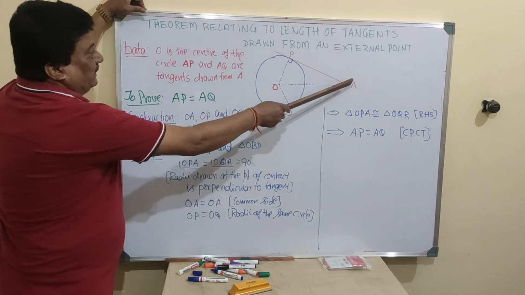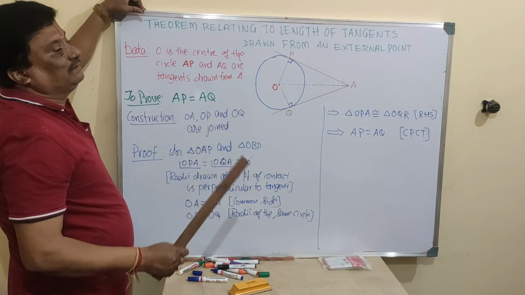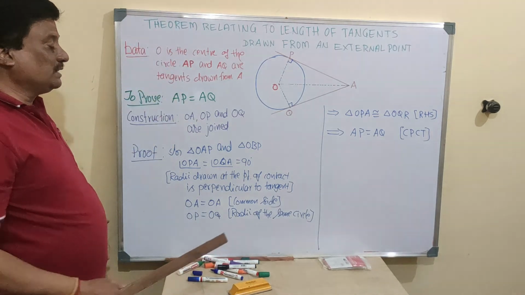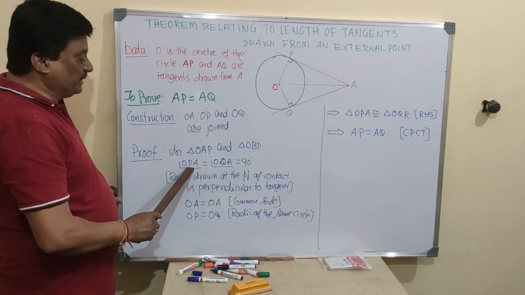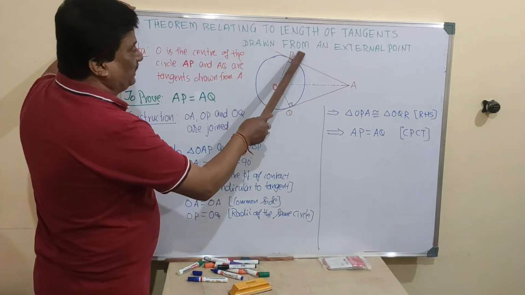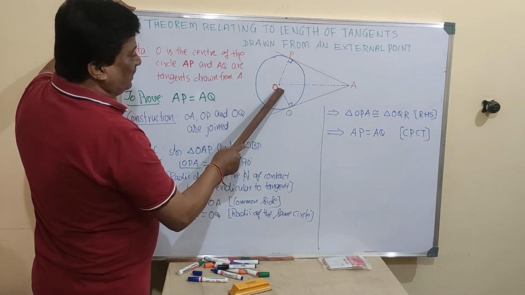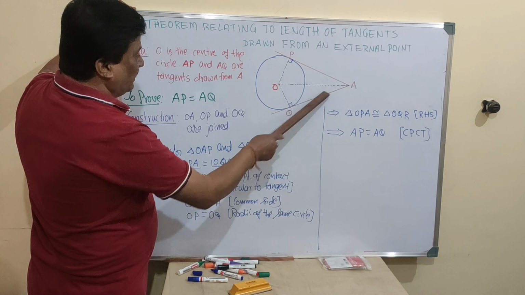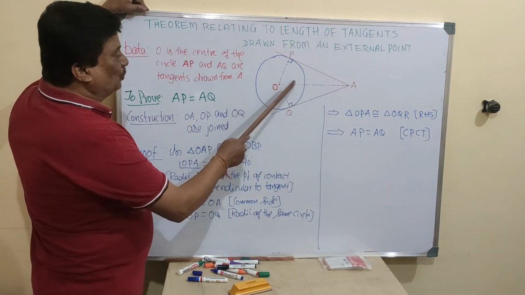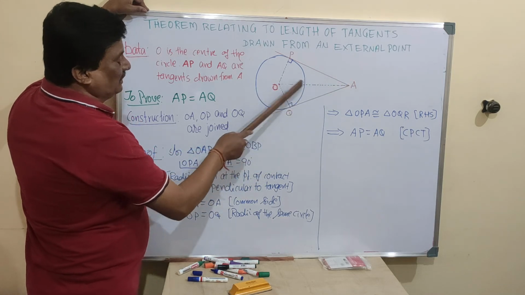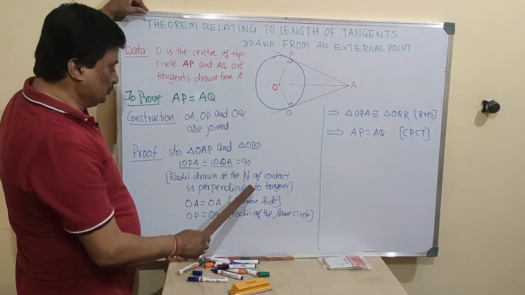To prove AP is equal to AQ, we compare these two triangles to show that they are congruent. In triangle OAP and triangle OQA, angle OPA is equal to angle OQA, because the radii drawn at the point of contact are perpendicular to the tangents. Next, OA is equal to OA, because OA is the common side for both triangles.